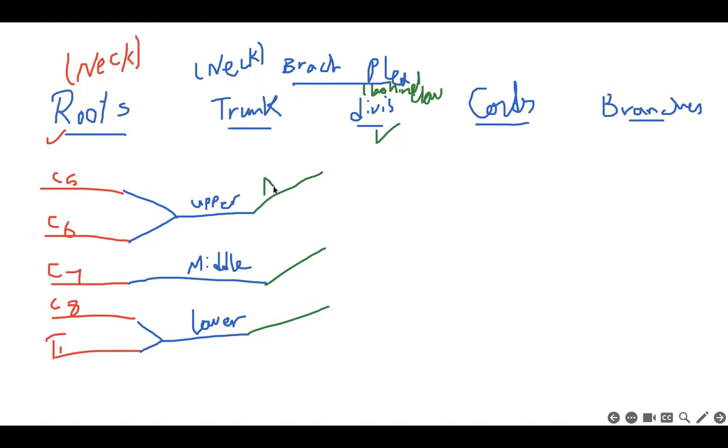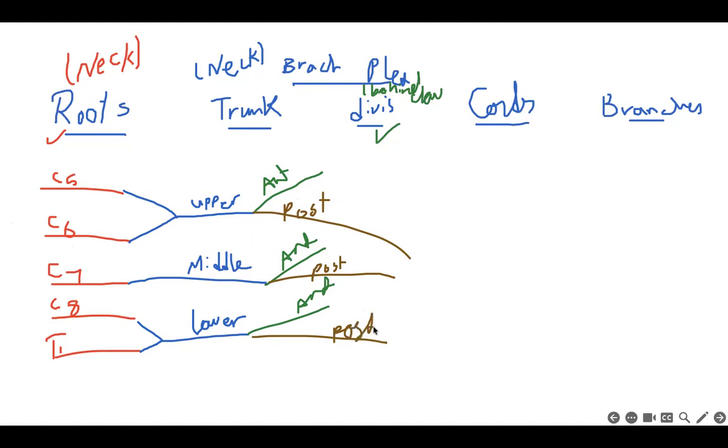So the green color here will be the anterior division for the whole trunk. And the brown color will be the posterior division of all. So every trunk divides into anterior and posterior. So this is the stage of division, the division behind the clavicle.